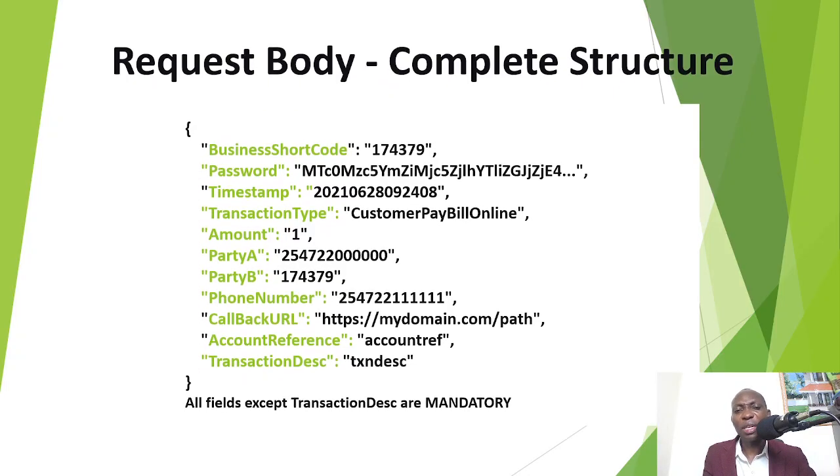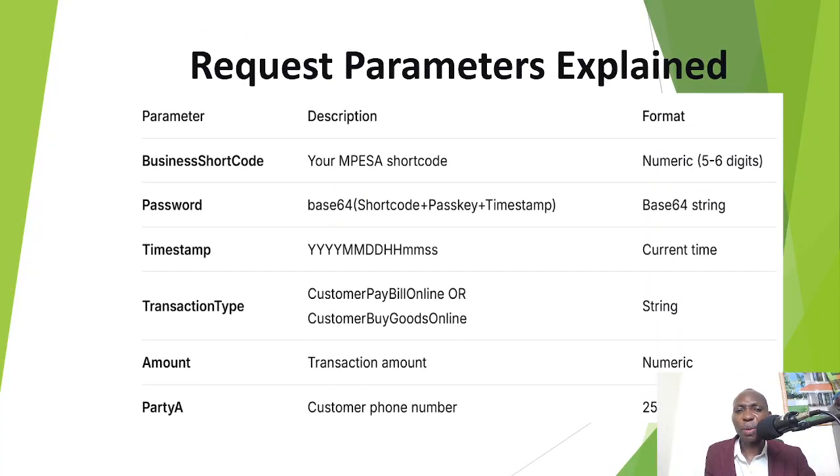Let me explain what these parameters are. This business shortcode is your M-PESA shortcode. I am going to show you how we request for this shortcode, but in the meantime, in the sandbox environment, we are going to use the test shortcode.